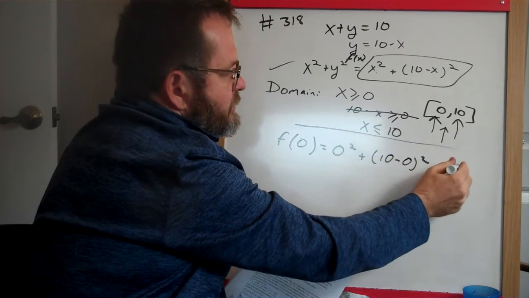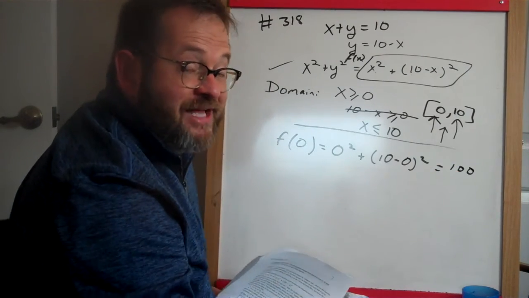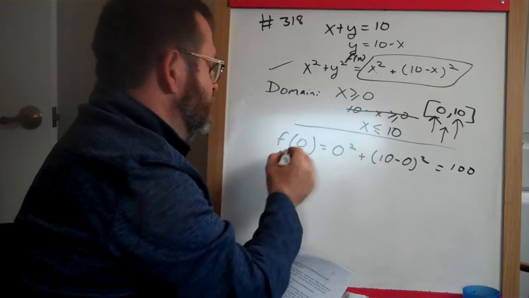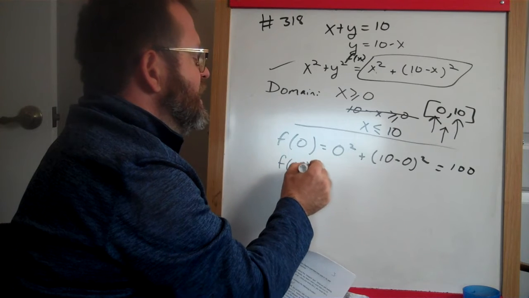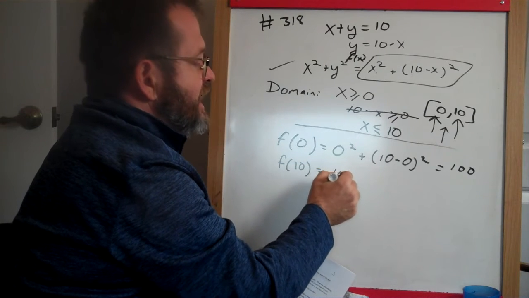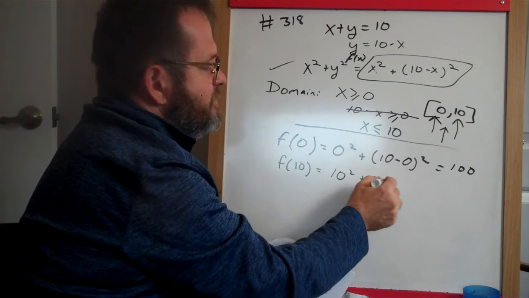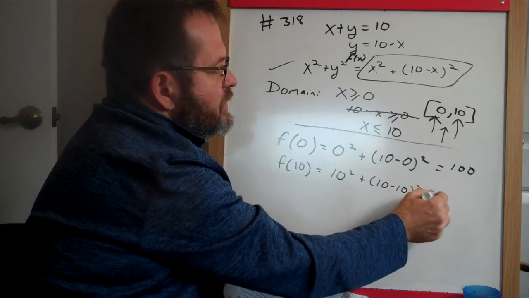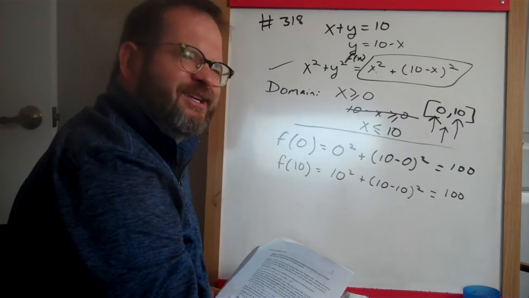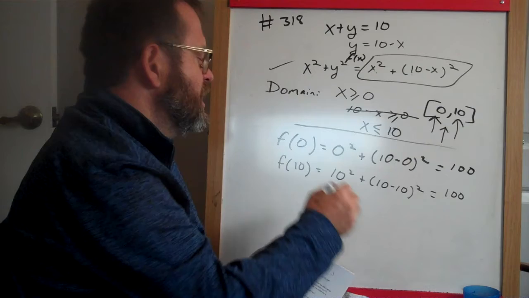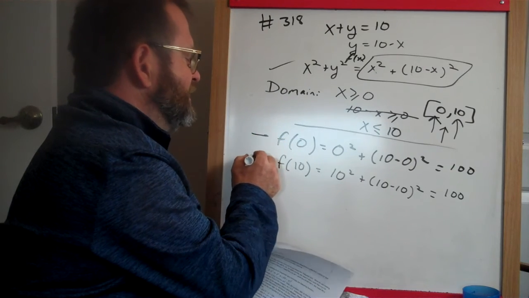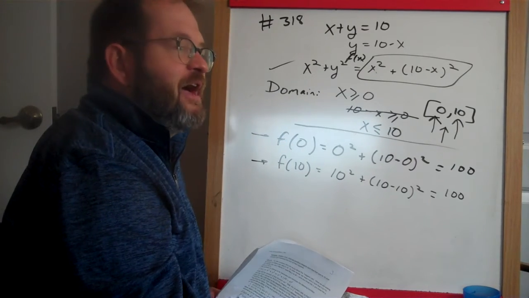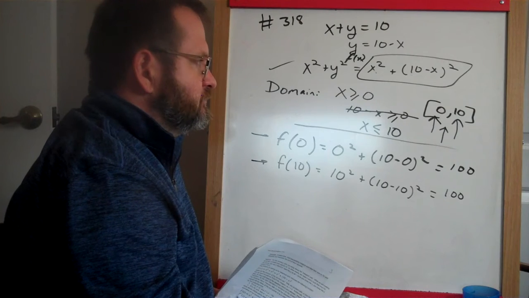That'll be 100. I don't yet know if that's big or not. Let's try the other endpoint. f of 10 is equal to 10 squared plus 10 minus 10, the quantity squared, which is also 100. Again, I don't actually know if that's a big number or a small number, but I now know the values of f of x at the endpoints of our interval.